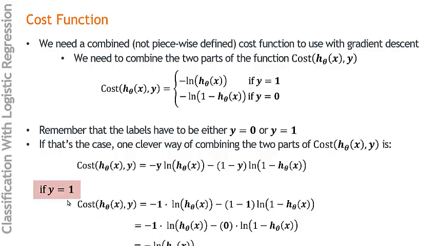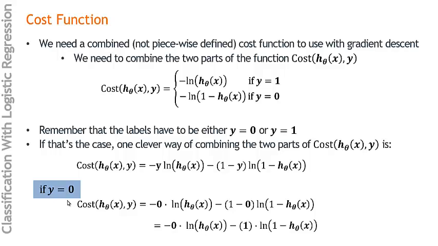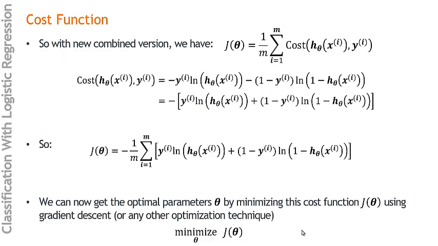And the same thing would be true for y equals 0. And you can see that here. With y equals 0, you have the two terms. The first term is zeroed out. The second term becomes the only term remaining. Okay?